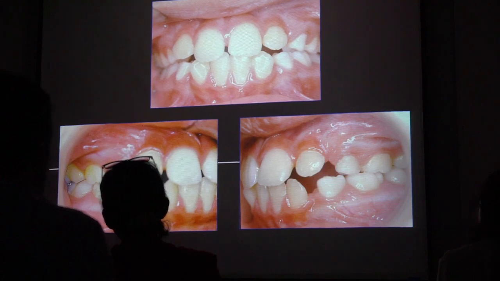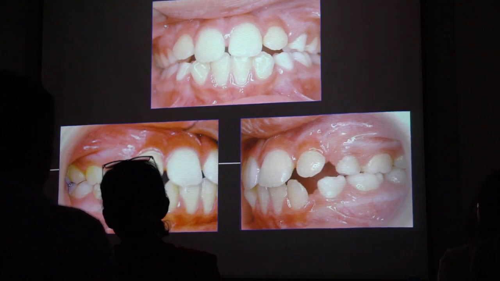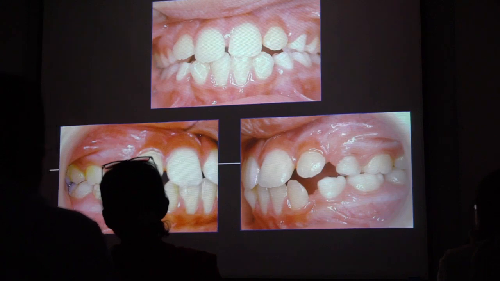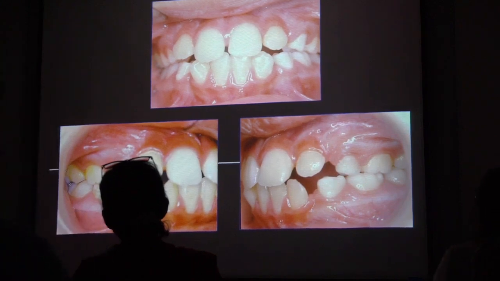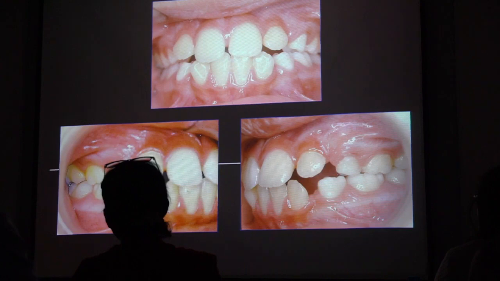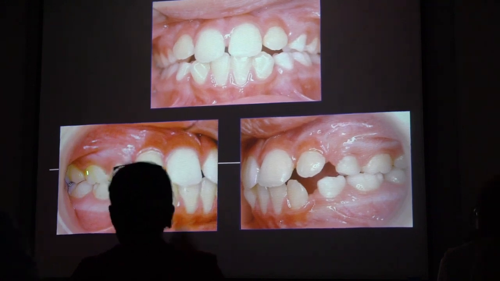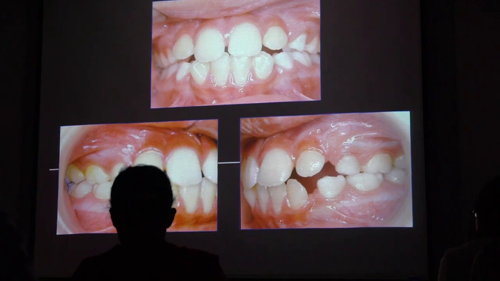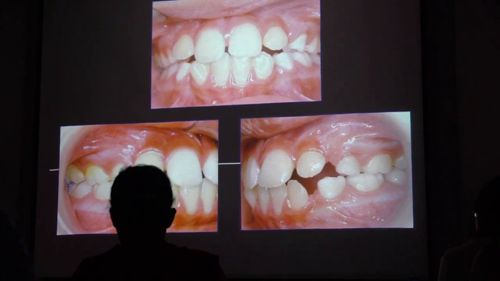These teeth are on average 8 millimeters wide, so I have 8 and 8 is 16. And you know the canine is very big. The upper canine is sometimes 9, 8.5. So let's say it's 8. So we have three 8s, and we need 24 millimeters.